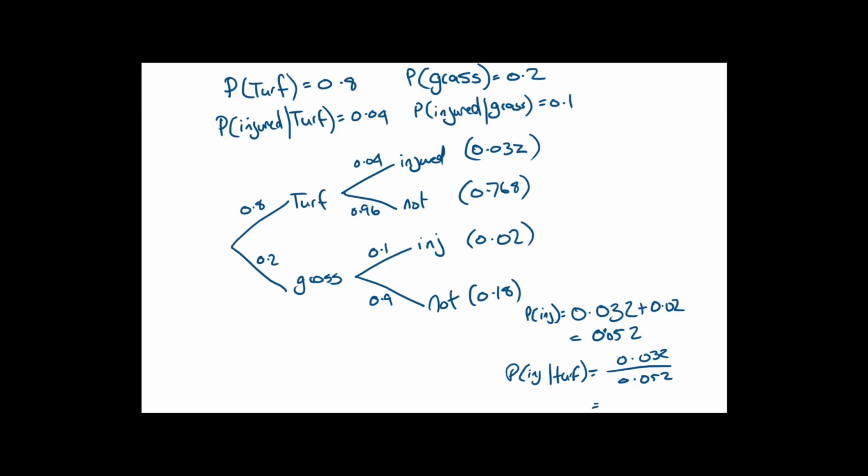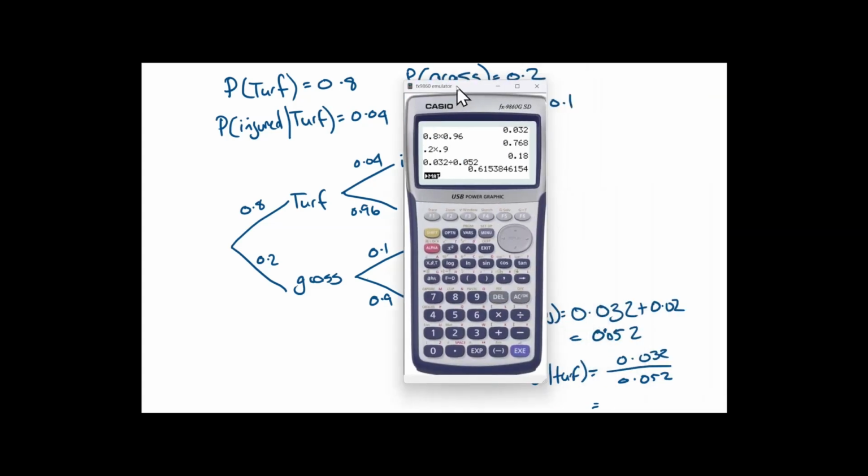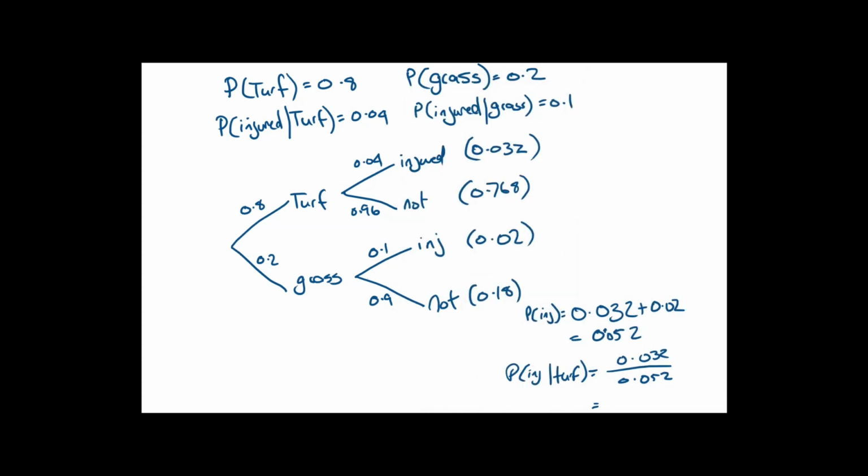That's going to give us the answer. So 0.032 divided by 0.052 is 0.6154.